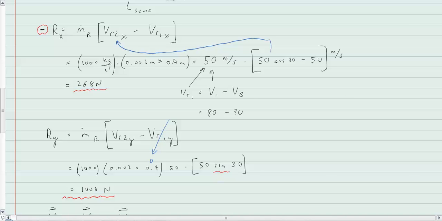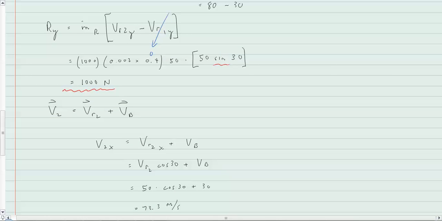So the nozzle is not moving, the blade is. The blade itself is going at 30 meters per second. And we apply VR2x and VR1x. The calculation results in a 268 Newton final value.